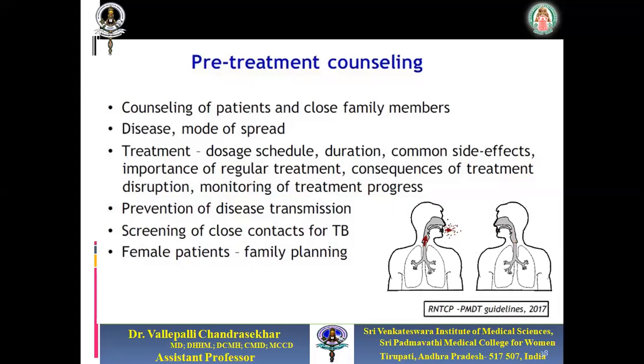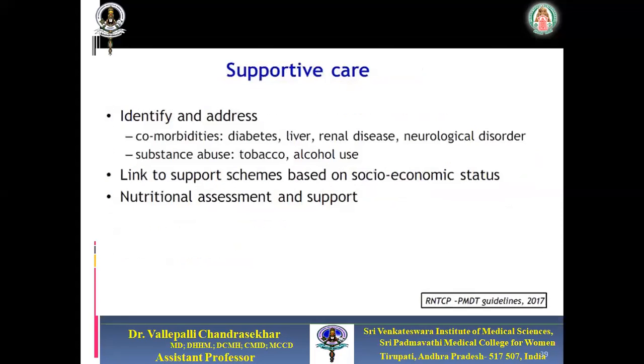So again, you have to counsel regarding the prevention of disease transmission between individuals, mainly to the family members. And you have to screen the close contacts for TB, especially the children who are 5 years and below, very, very important. Then female patients, you have to counsel about family planning during the course of treatment. And again, you will give supportive care to these patients.